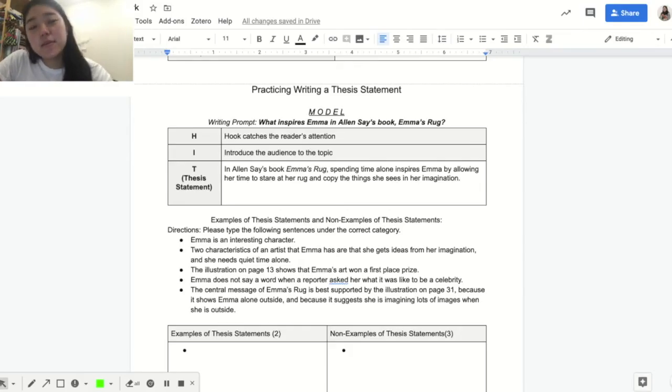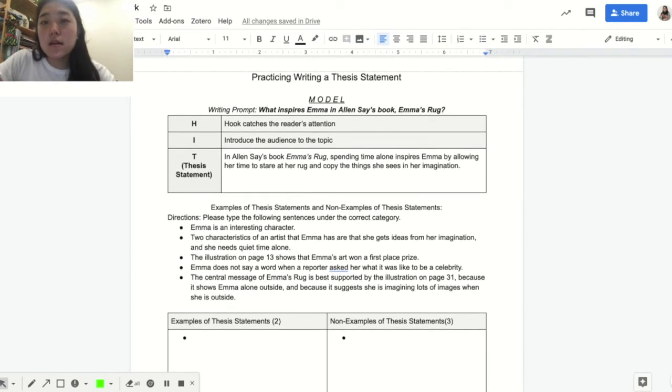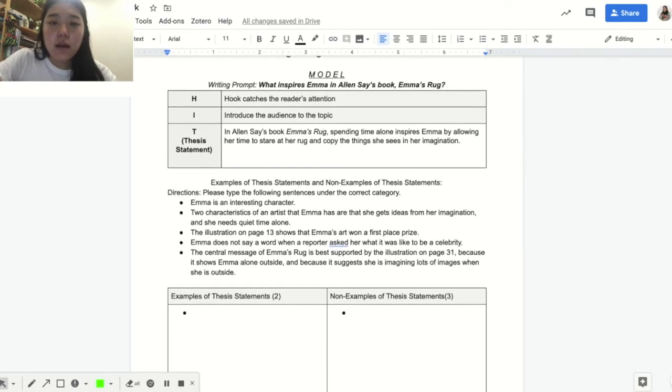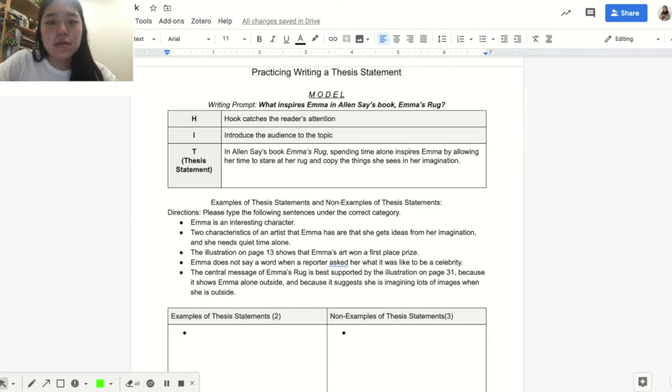So finally, this is the last part of your classwork for today, the third part of today's lesson, which is practicing writing a thesis statement. Since today is the first time you are writing a thesis statement, I wanted to just give you an example of one and then show you a bunch of examples and non-examples, and I want you to just categorize them into the correct category. So follow along.